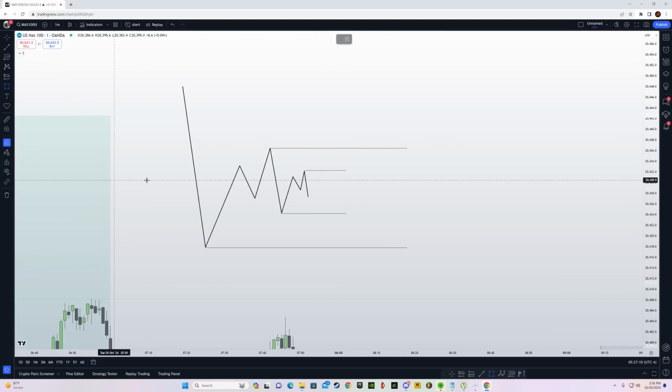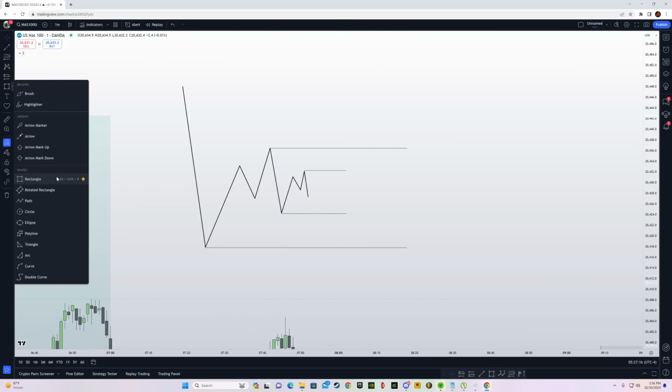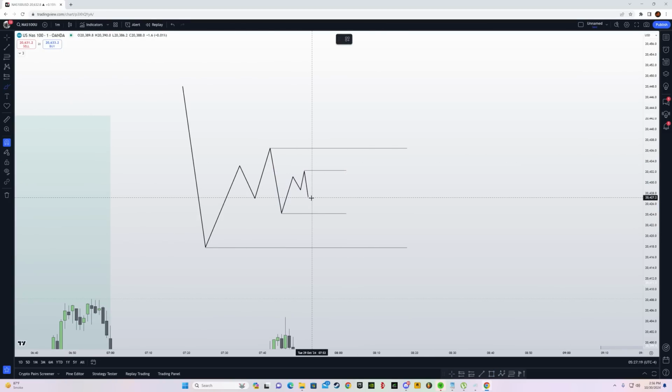A range within a range, right? So what you can do is, let's suppose if the range high is taken, you can then anticipate that the range low will be taken out first and then the range high. Did you understand what I just said?